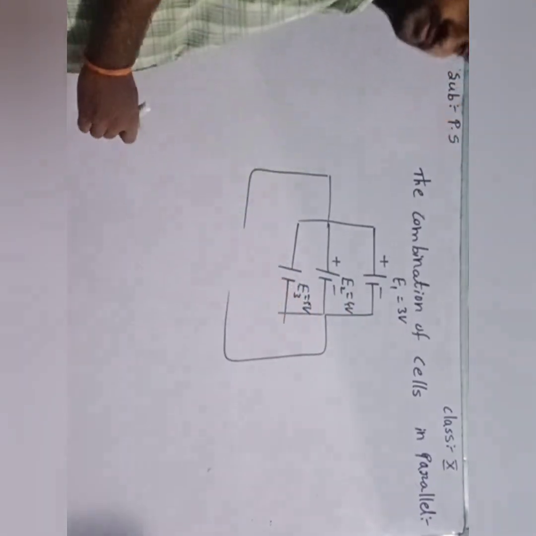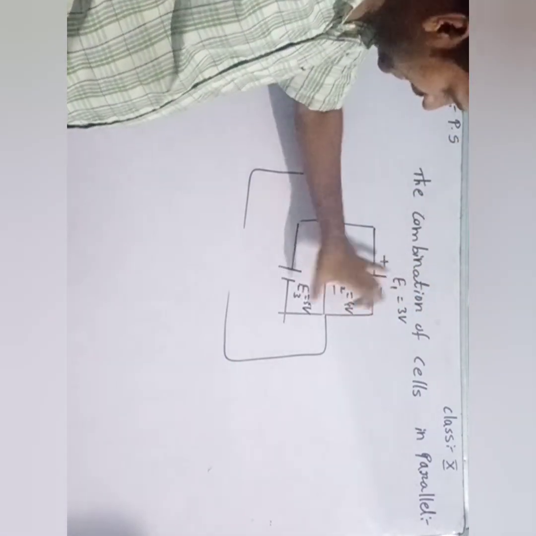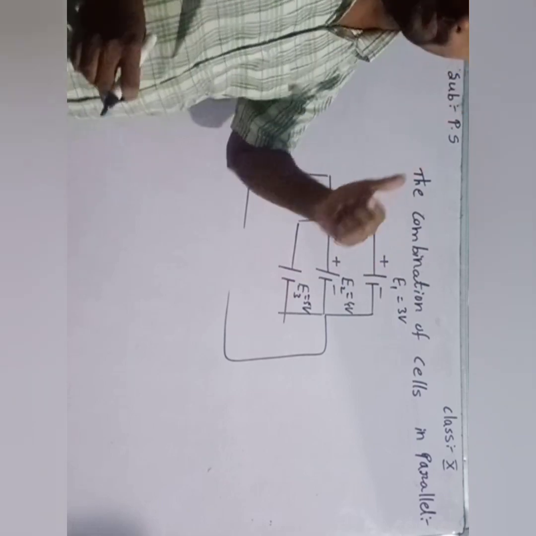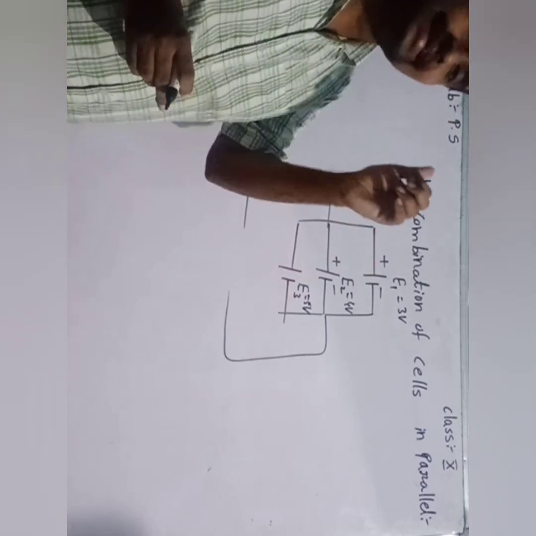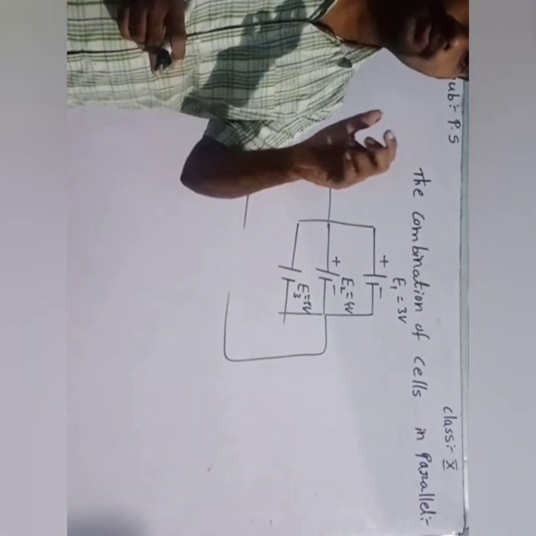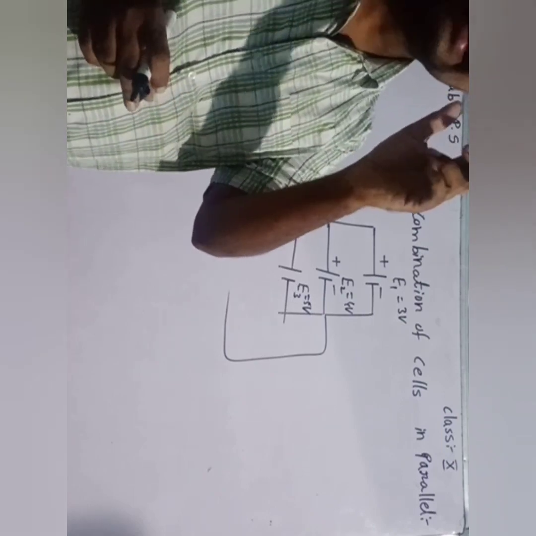For example, E1 is equal to 3 volts, E2 is equal to 4 volts, E3 is equal to 5 volts. So a 3 volt battery, a 4 volt battery and a 5 volt battery. These three batteries are connected in a parallel combination. Now, what is the total voltage in this circuit? Parallel combination means the total voltage is the highest voltage.